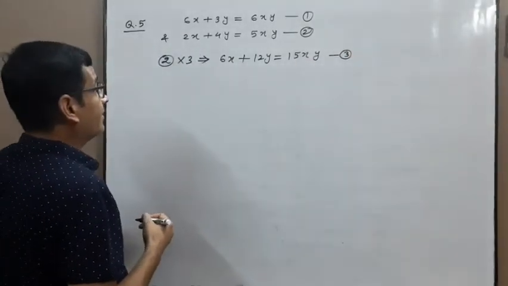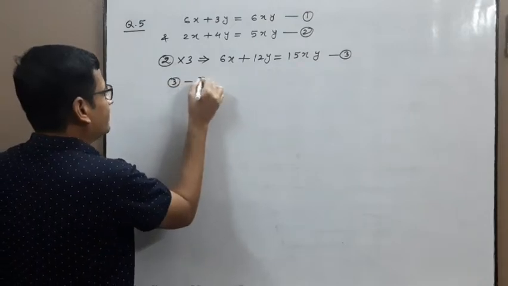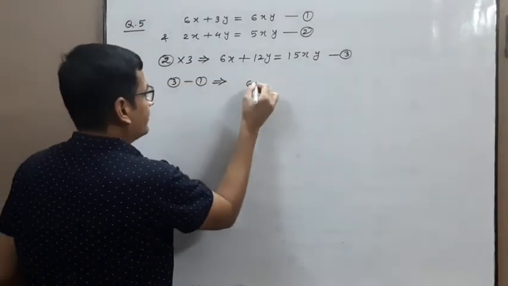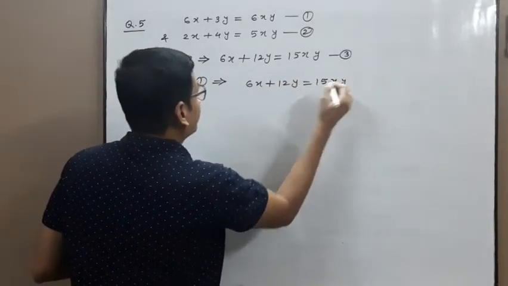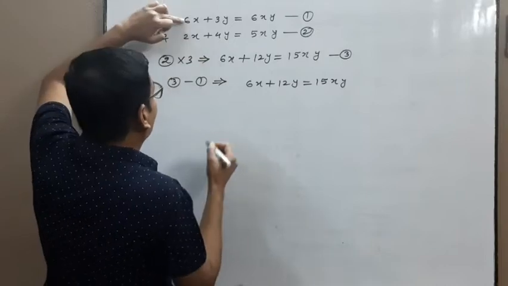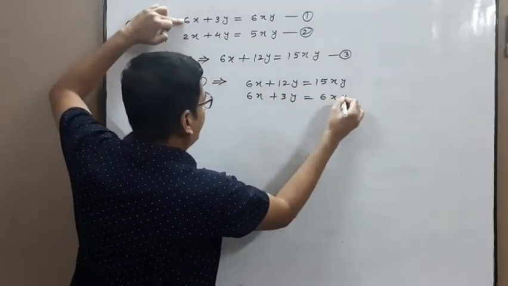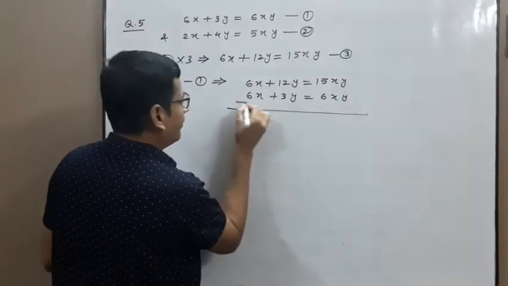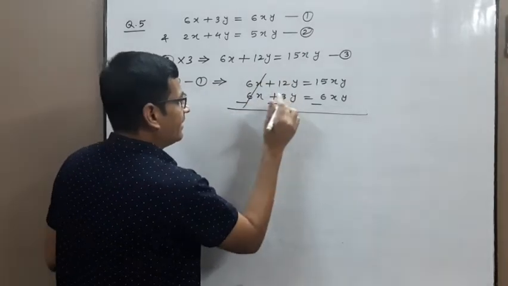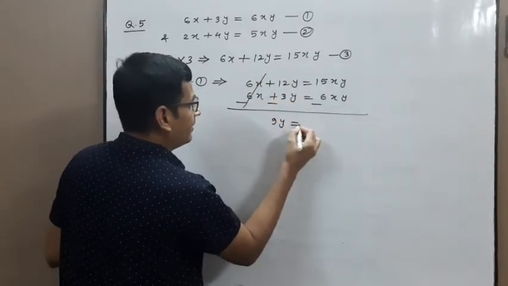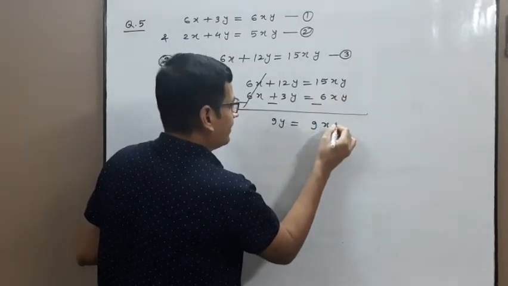Now subtract equation 1 from equation 3. 6x plus 12y equal to 15xy, and 6x plus 3y equal to 6xy. Now subtract, 6x cancels, 12y minus 3y, 9y is equal to 15 minus 6, 9xy.